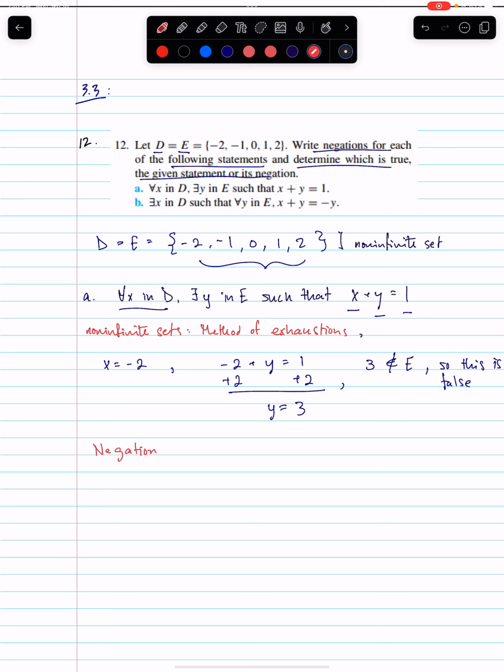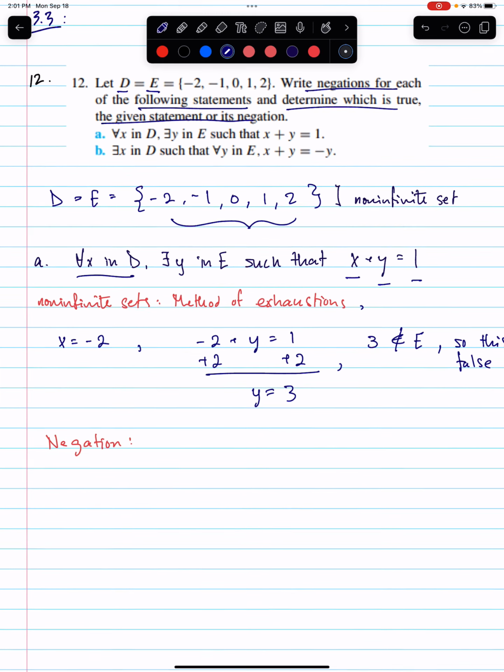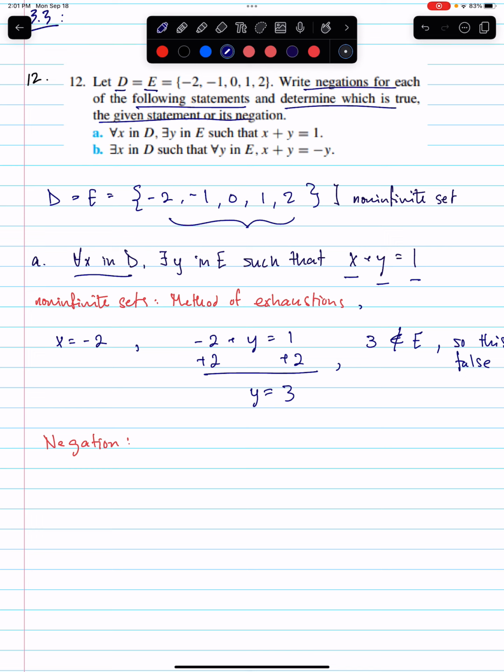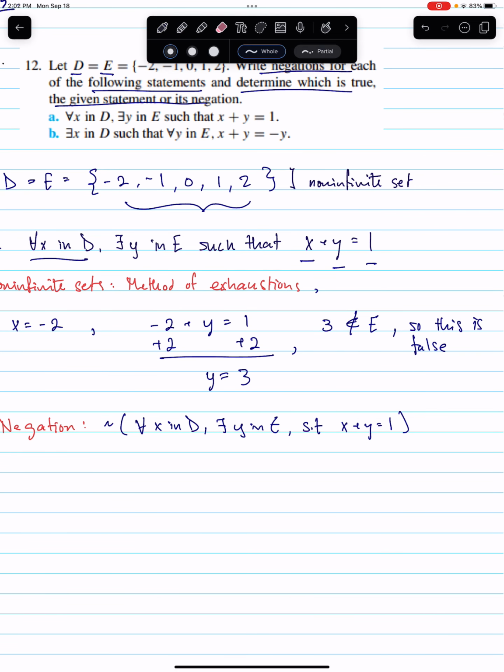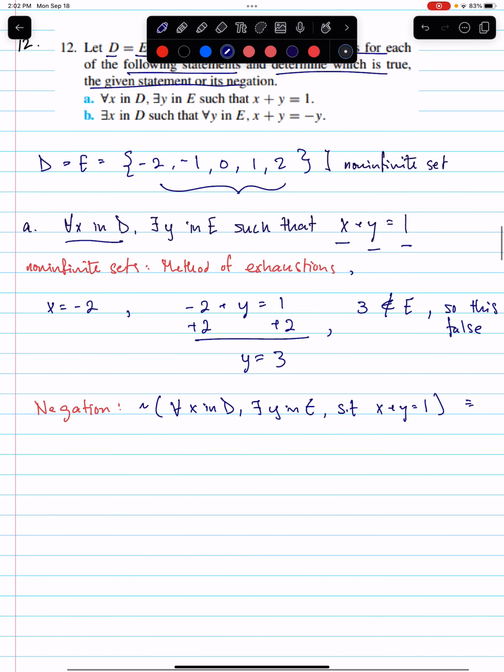Its negation would be, let me just write this again. There exists some x in D, for every y in E, right? We're just negating these two things right here. This is negation of multiply quantified statements.